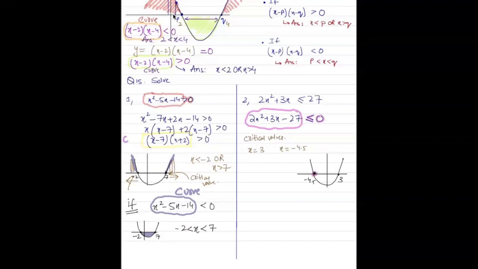We know that the curve is equal to 0 at -4.5 and 3. But where is it going to be less than 0? It's going to be less than 0 below the x-axis. So this is the region that we are interested in. So what should be the solution to this inequality?